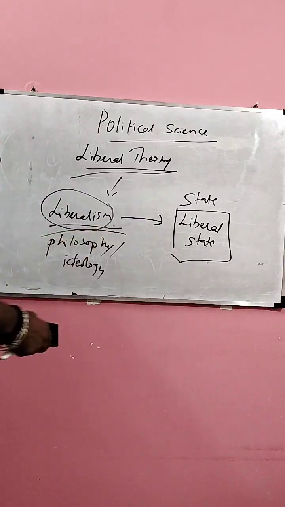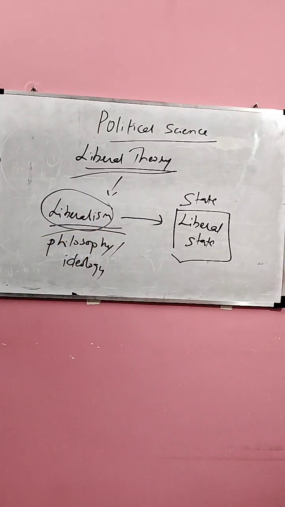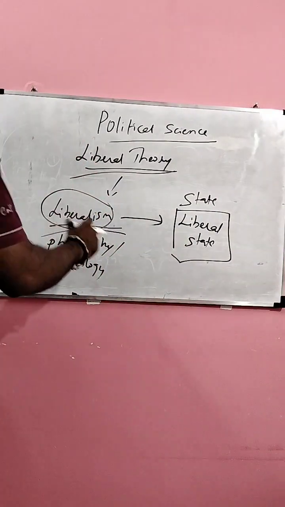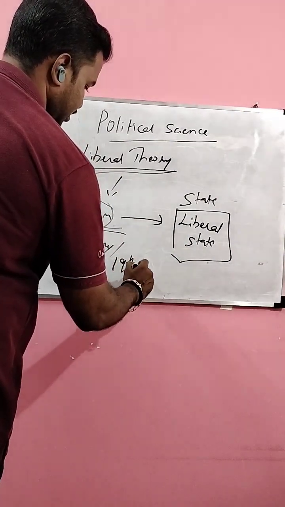Okay, coming to liberalism. Liberalism as an ideology emerged around the 19th century. Liberalism emerged as an important ideology.